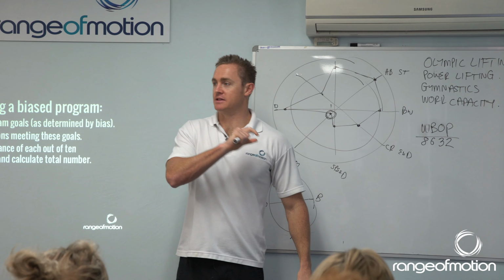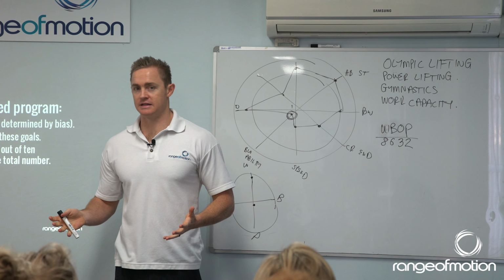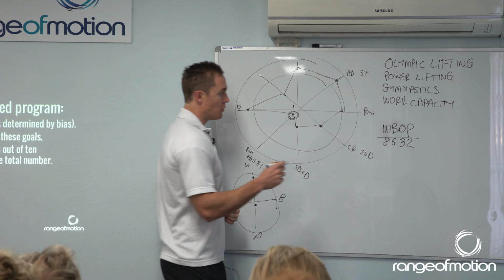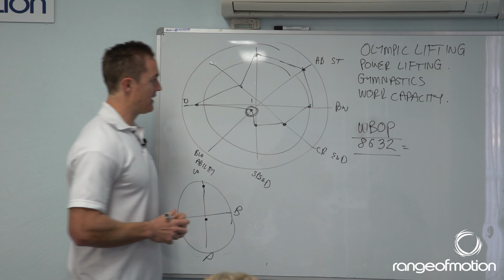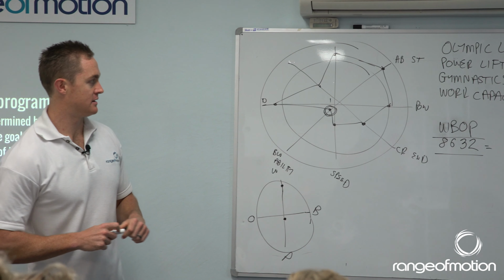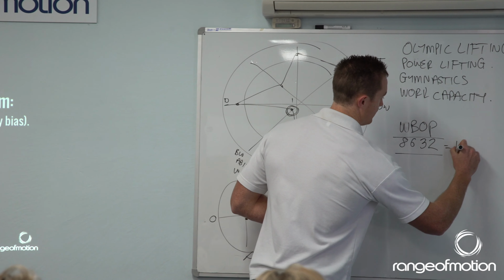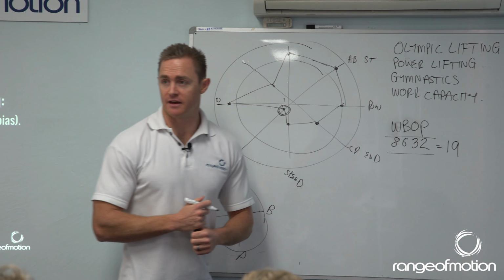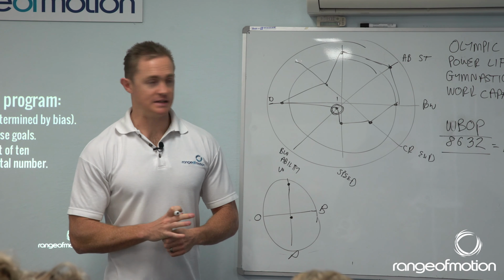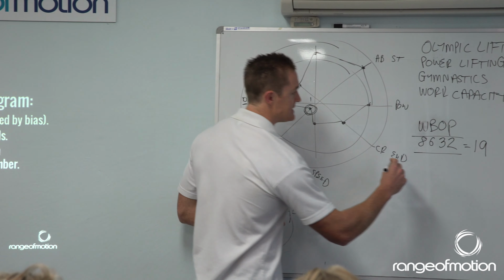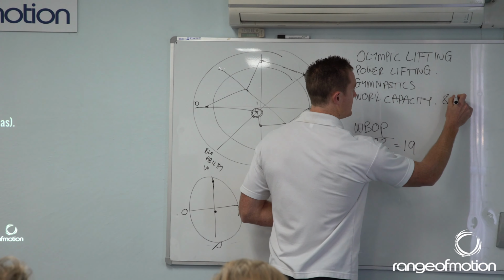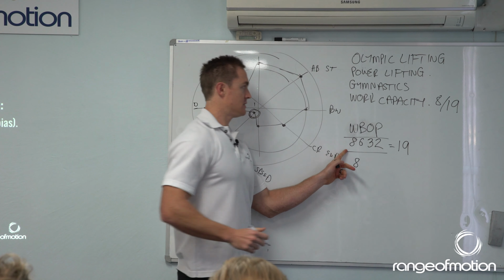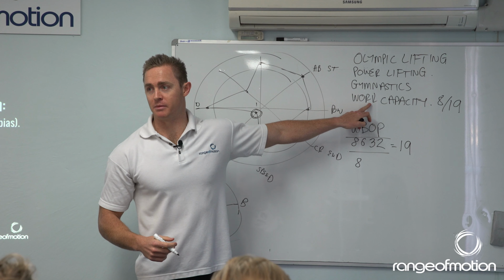So how do we turn that into how often we should be doing these sessions that train these elements? Well, we add these numbers together. If we add those together, we come up with 19. So we've got a total of 19 points that we've assigned. Now it becomes really simple. 8 out of these 19 sessions should be focused on improving their work capacity.